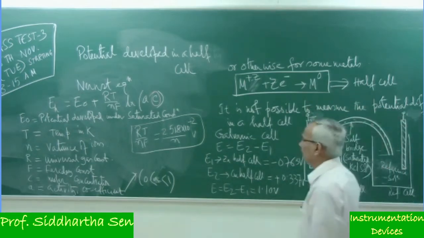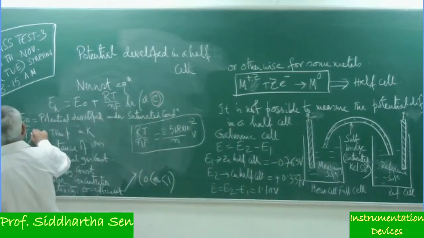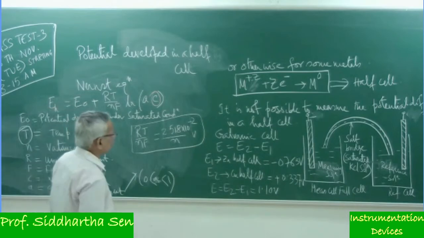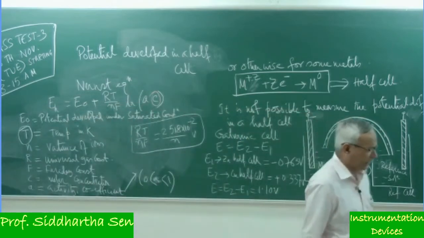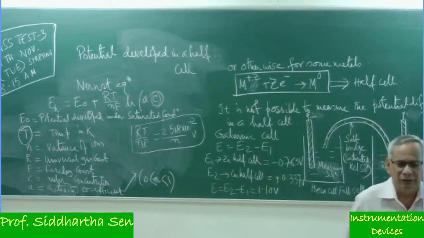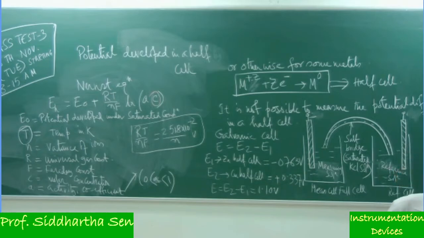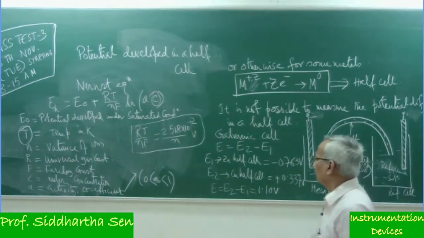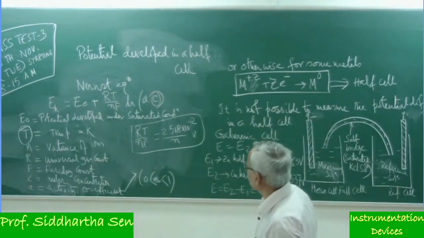But definitely there is a problem that it is dependent upon the temperature. So we can measure the potential, but for relating it with the concentration of the solution, we must take care about the temperature. Temperature must be held constant, or otherwise some compensation has to be provided.